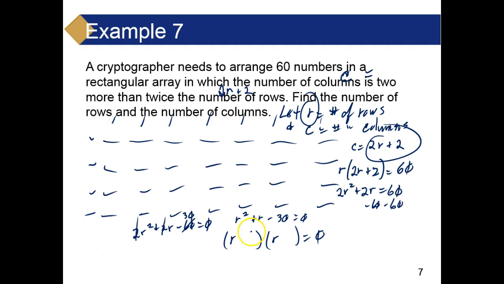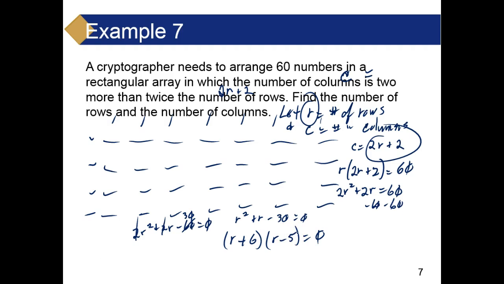They got to be different. One's going to be plus and one's going to be minus. Now, because they're different signs, we want two numbers to multiply to be 30, but their difference is 1. 5 and 6, which goes where? 6 goes with the plus because plus wins, and 5 goes with the minus.